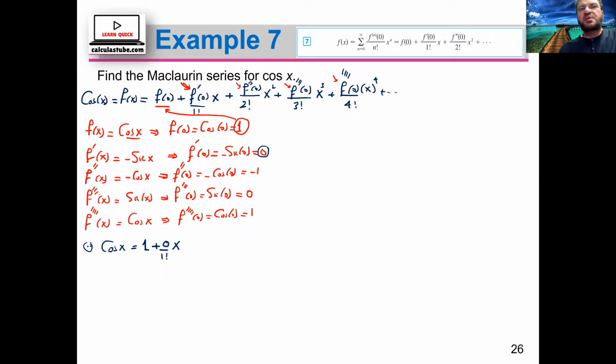F double prime is negative 1. So minus x squared over 2 factorial. The next one is 0. So plus 0 x cubed over 3 factorial. The next one is 1. So plus 1 x to the 4 over 4 factorial, and it goes on.